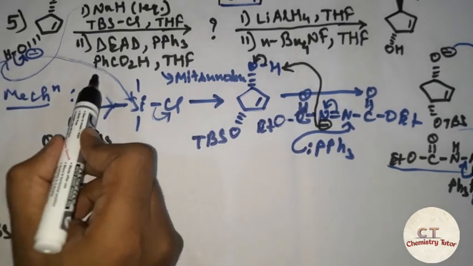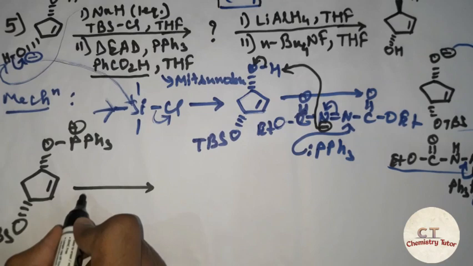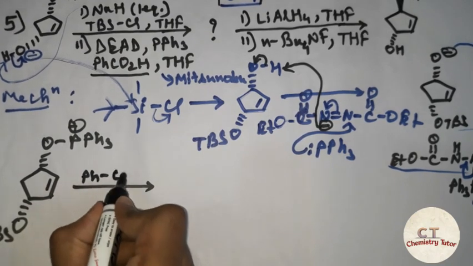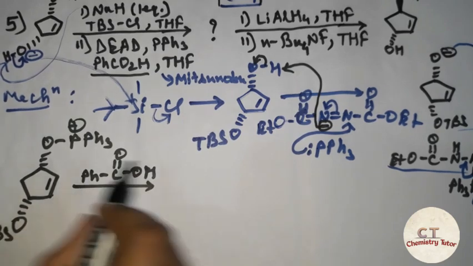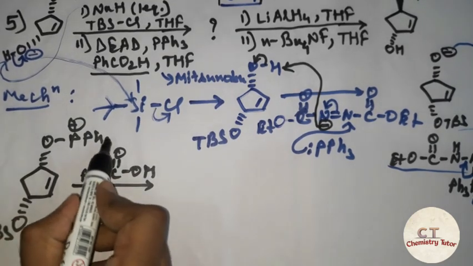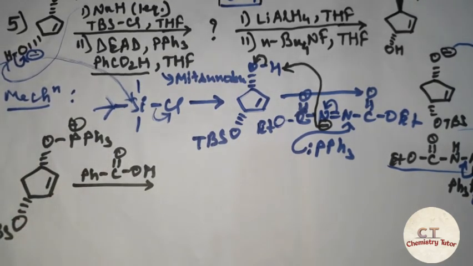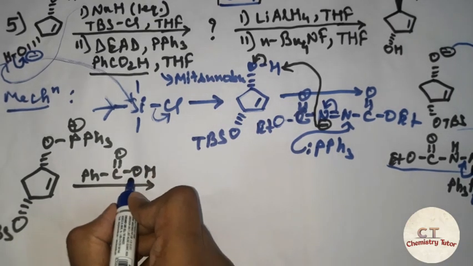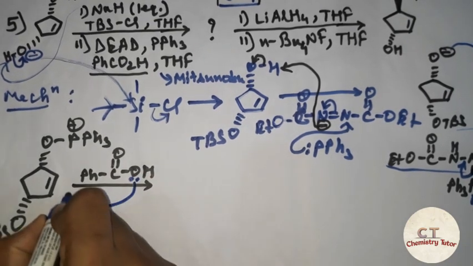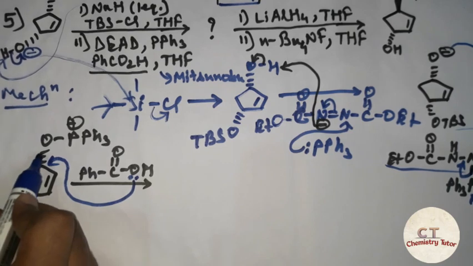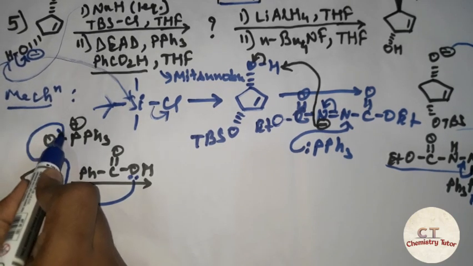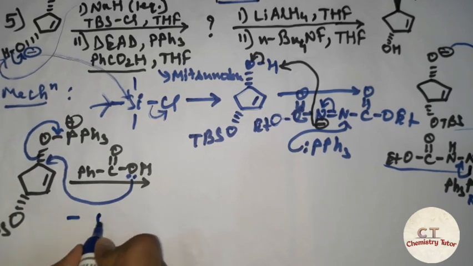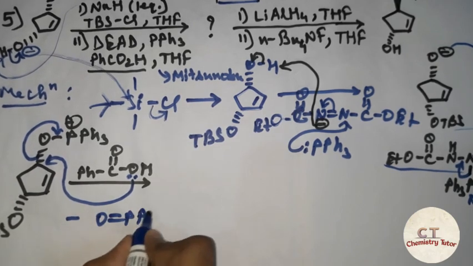Now the nucleophile given to us is PhCOOH. Any nucleophile can attack here, because it has now become a good leaving group. So the lone pair on the oxygen atom is going to attack here. Since the group is below the plane, it is going to attack above the plane, and this group is going to leave as O double bond PPh3.